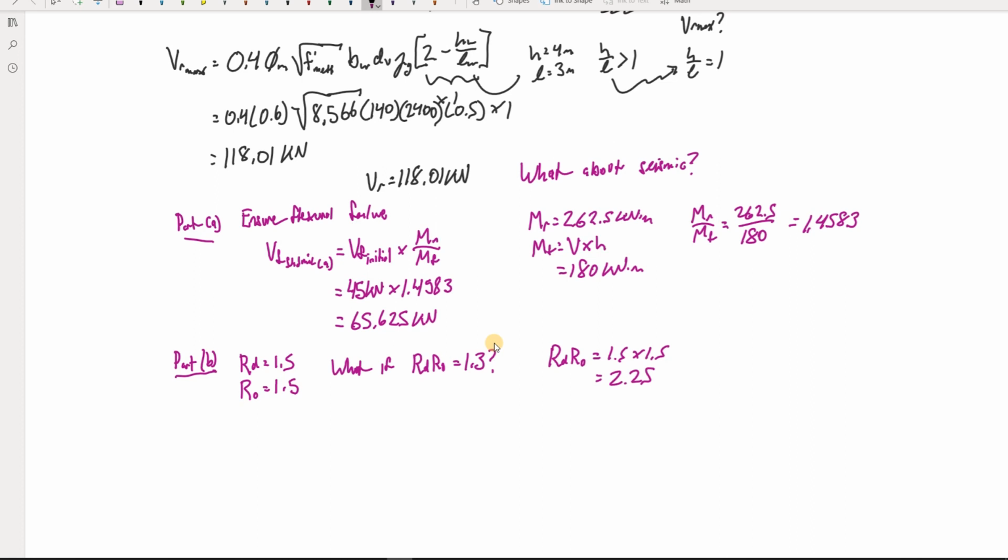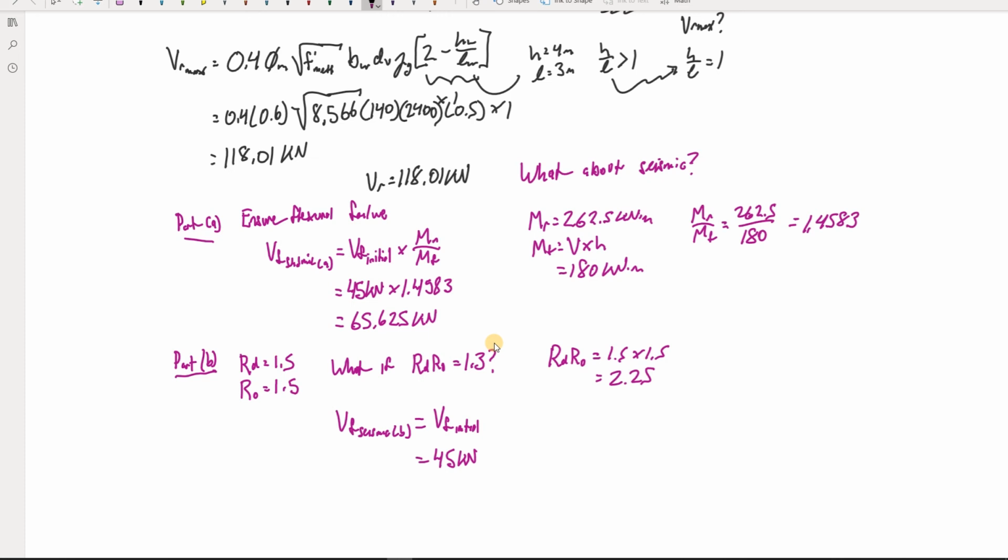So in this case, VF seismic, I'm going to put B here in brackets, is equal to that initial VF initial, which was the 45 kilonewtons. Basically, we're going to undo the fact that we got to divide it by 2.25 when we initially calculated our loads, and we're going to scale it up as if it was 1.3.